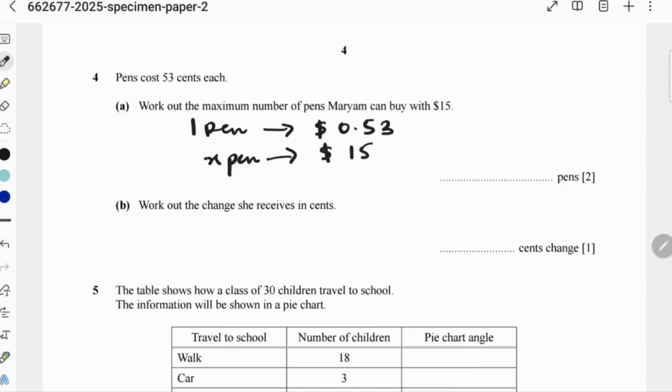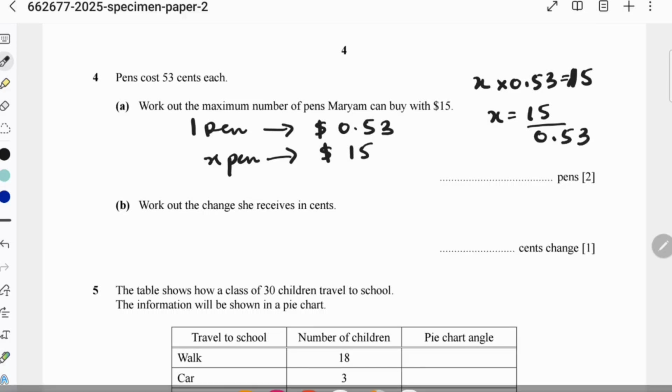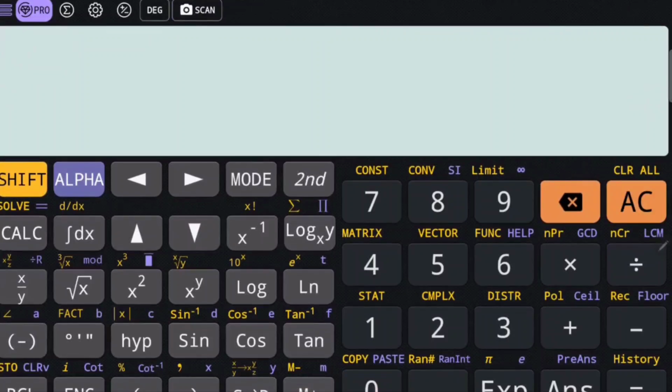So that will be $15 and x pens we can do. All right, do cross multiplication. So that will become 0.53 times x is equal to 15 into 1, which is equal to 15. So the number of pens will be 15 upon 0.53.